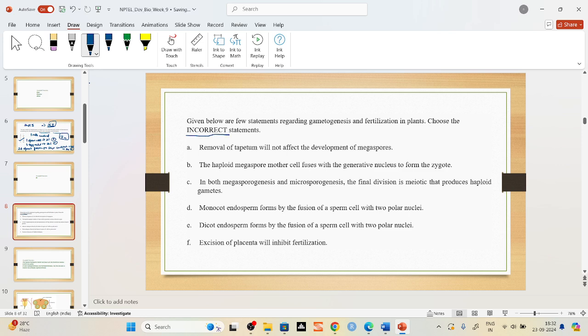So I'll give you 3 minutes to solve this question. And after 3 minutes, we'll discuss this.